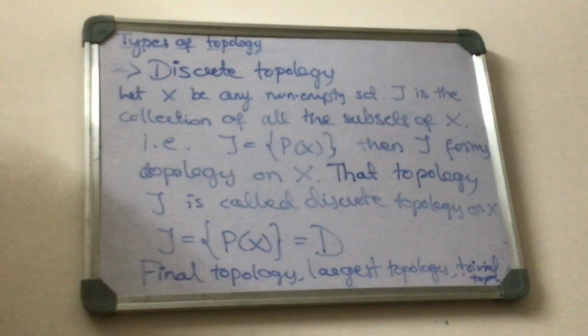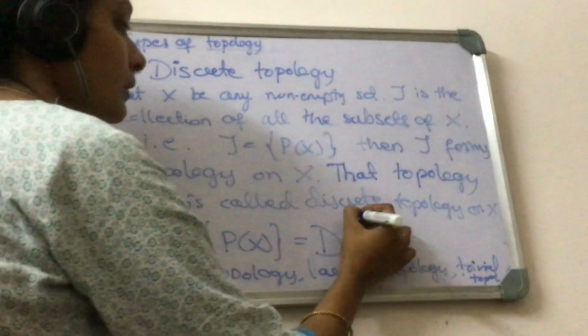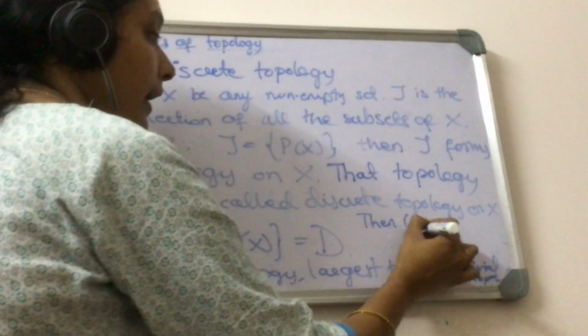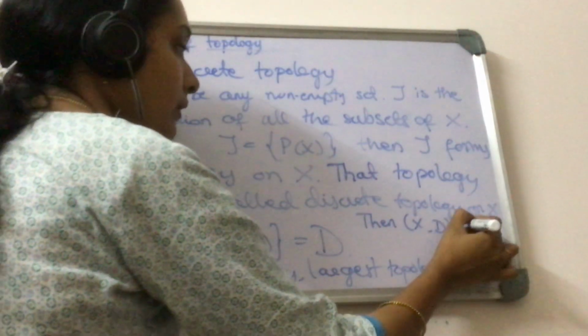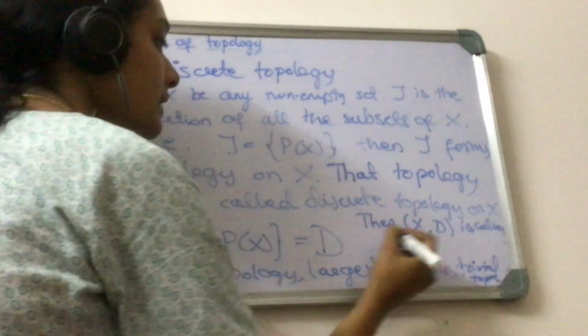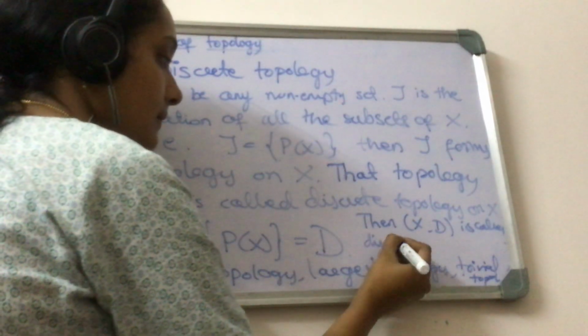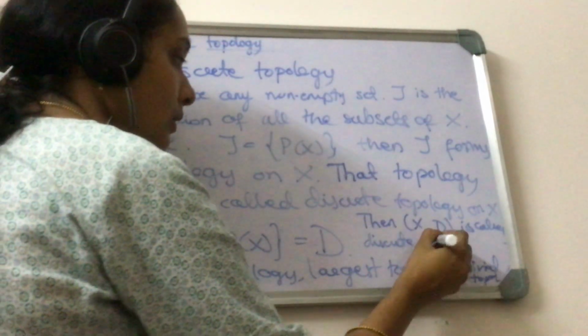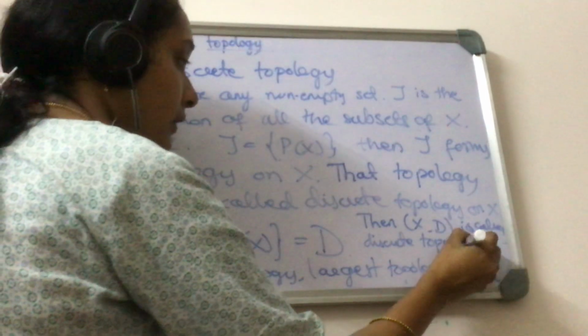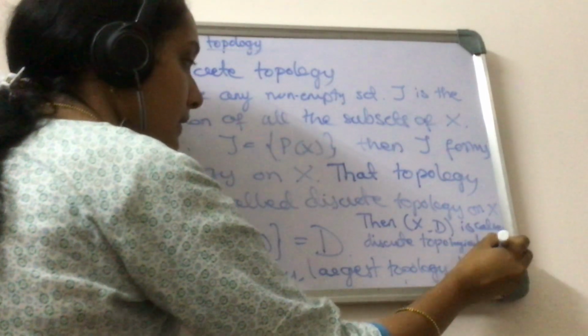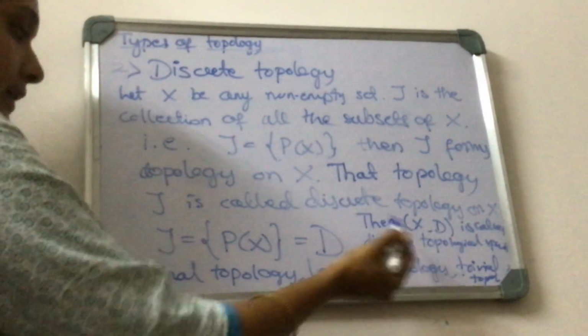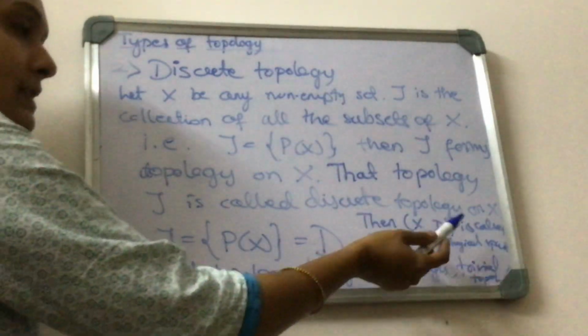And the topological space (X, D) is called discrete topological space. It is also called final topological space, like that.